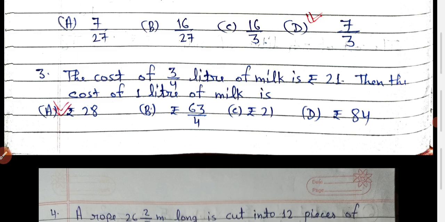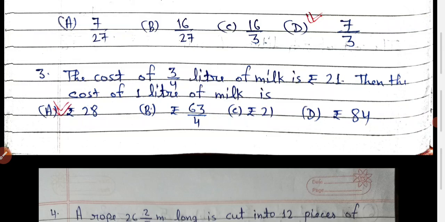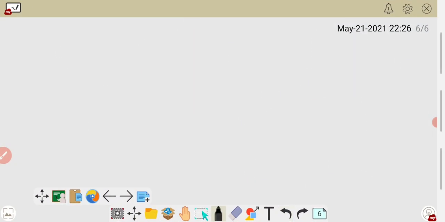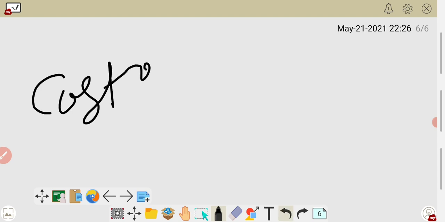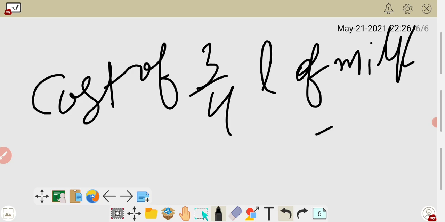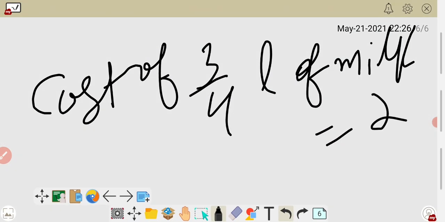The cost of 3 by 4 liter of milk is rupees 21. Then what is the cost of 1 liter of milk? You can solve that question like this. The cost of 3 by 4 liter of milk is given here. It is 21.